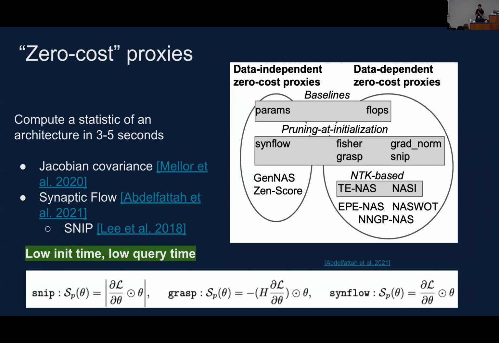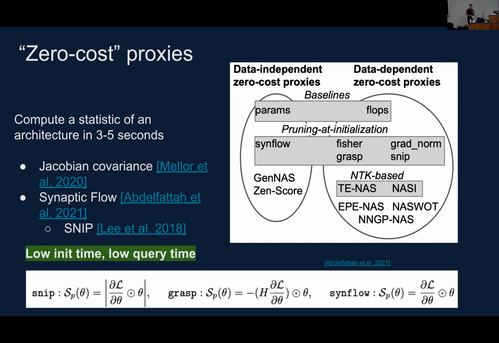Okay, and finally, the last family I'll talk about are zero-cost proxies. So these are quite an interesting new technique in neural architecture search, where the idea is to compute a very quick estimate of performance in just 3 to 5 seconds per architecture. We can accomplish this by just using a single mini batch of data and computing some sort of saliency metric.